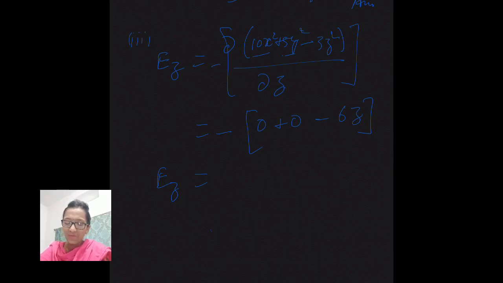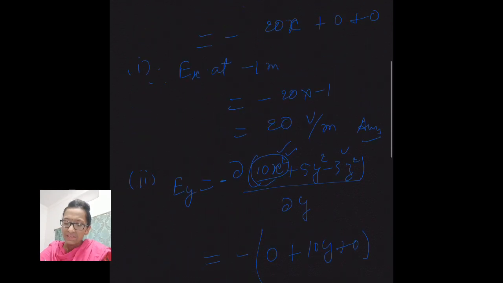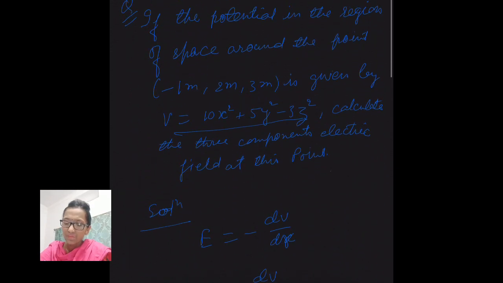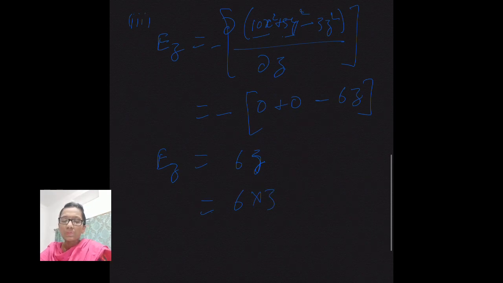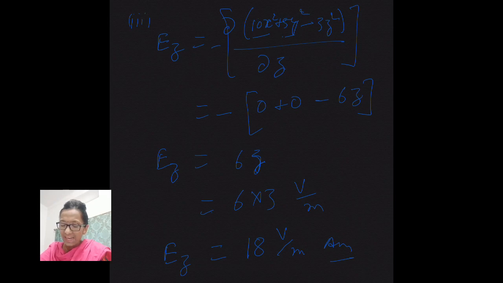So the electric field at the point becomes equal to plus 6z, and the value of z is given as 3 meter, so let me put into 3, and this is volt per meter. So the electric field along the z axis is equal to 18 volt per meter.